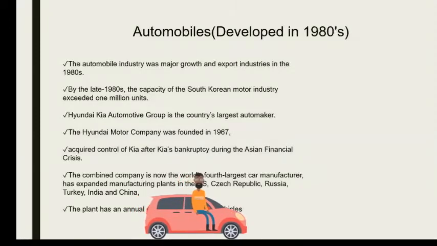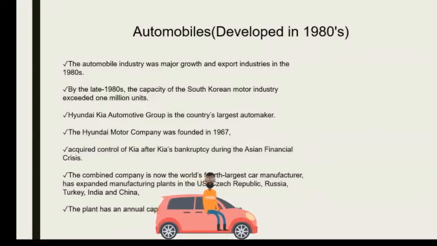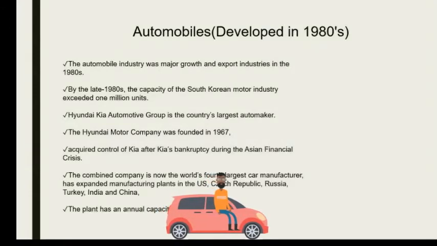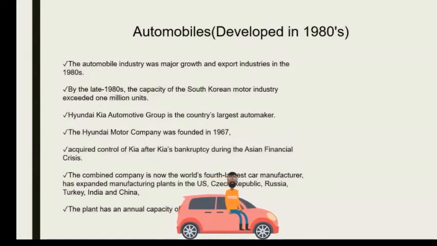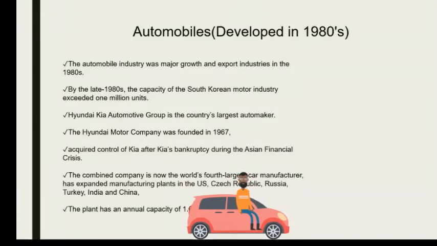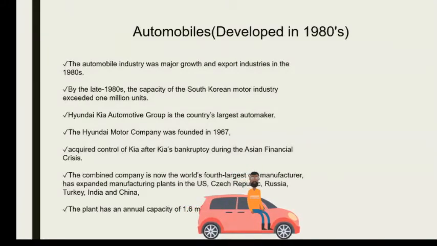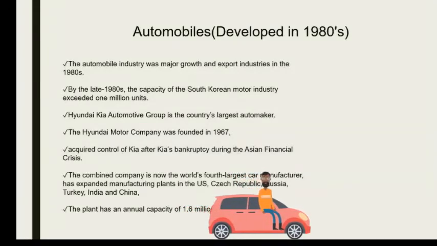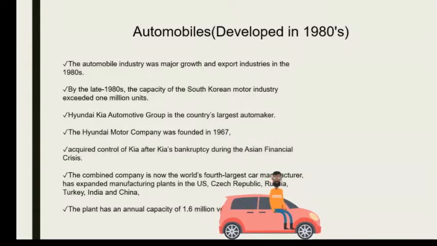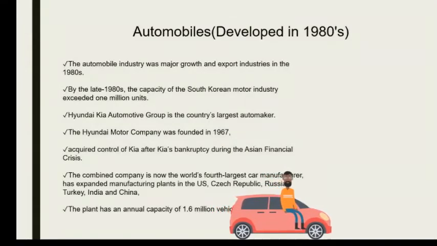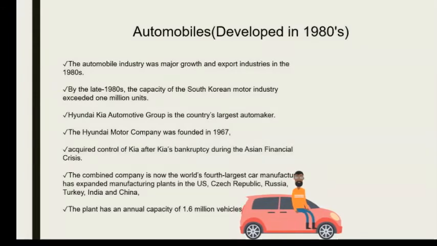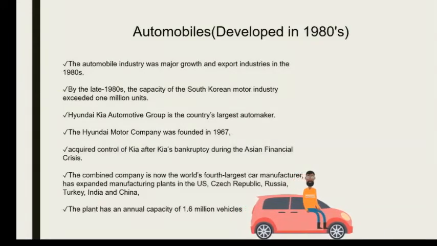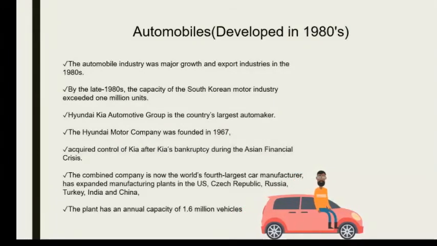The Hyundai Motor Company was founded in 1967 and acquired control of Kia after Kia's bankruptcy during the Asian financial crisis. The combined company is now the world's third largest car manufacturer, with expanded manufacturing plants in the US, Czech Republic, Russia, Turkey, India, and China.